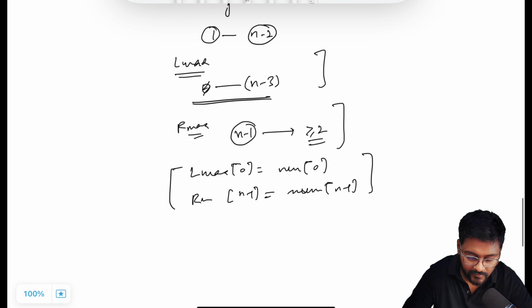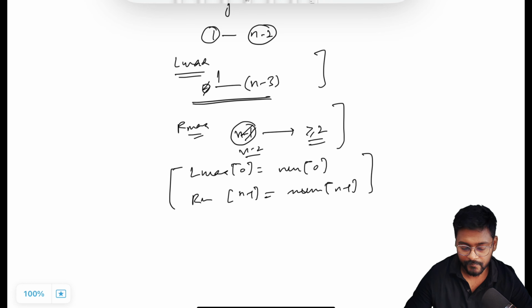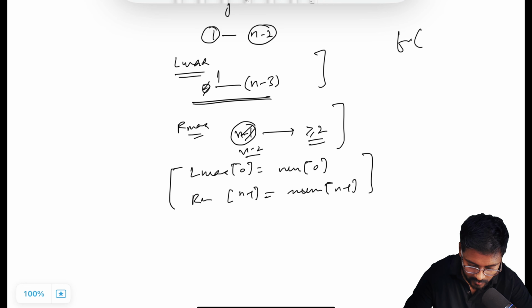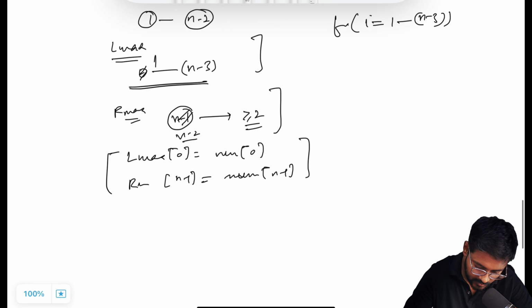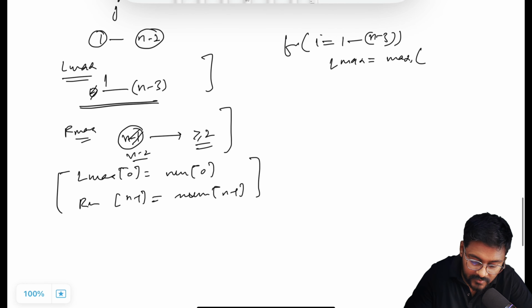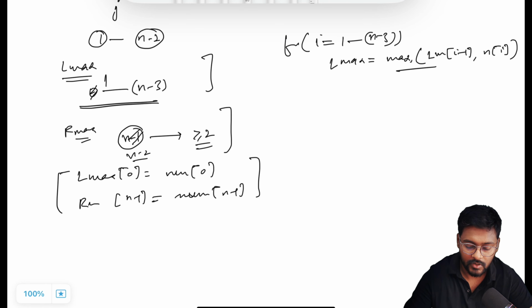Index 0 is already filled, so 1 to n minus 3, and n minus 1 is already filled, so n minus 2 to greater than or equal to 2. So for loop i equal to 1 to n minus 3, right? So left max of i is equal to the maximum of the left max we have encountered so far, left max of i minus 1, comma nums of i. This will be the formula.